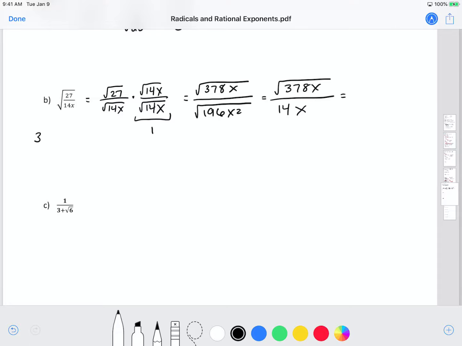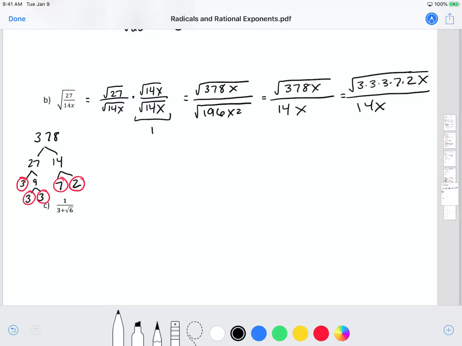So if I take 378 and I break it up into 27 times 14, 27 is 3 times 9, and 9 is 3 times 3. 14 is 7 times 2. So we have the factors 3 times 3 times 3 times 7 times 2, and then I still have x under there.